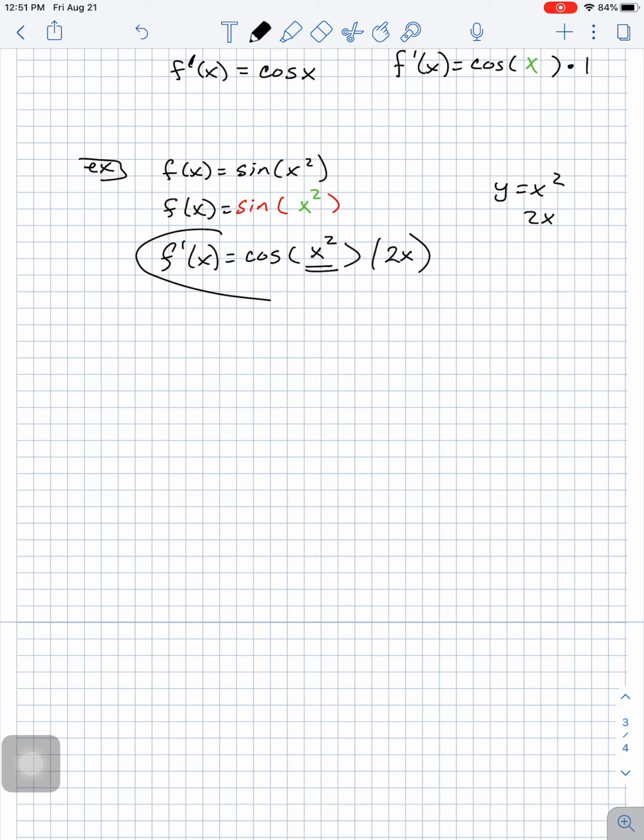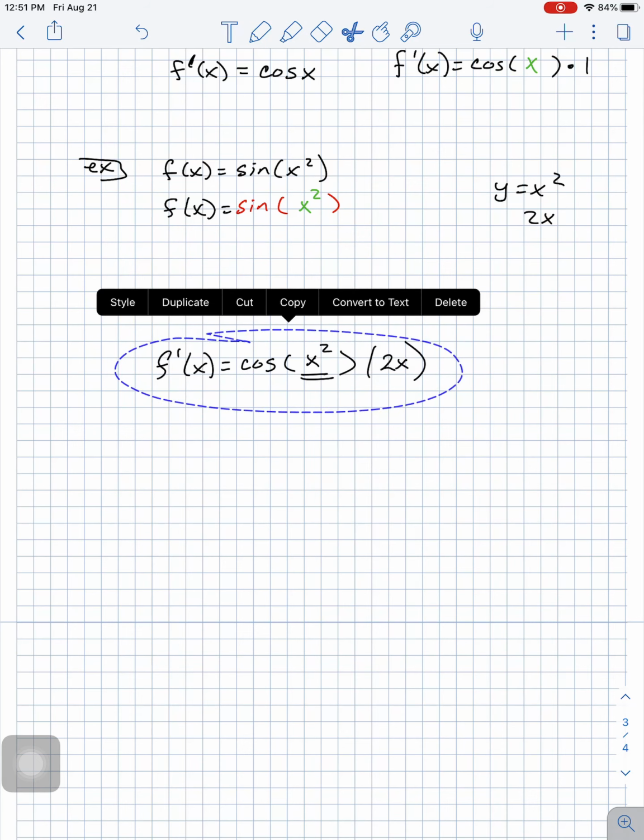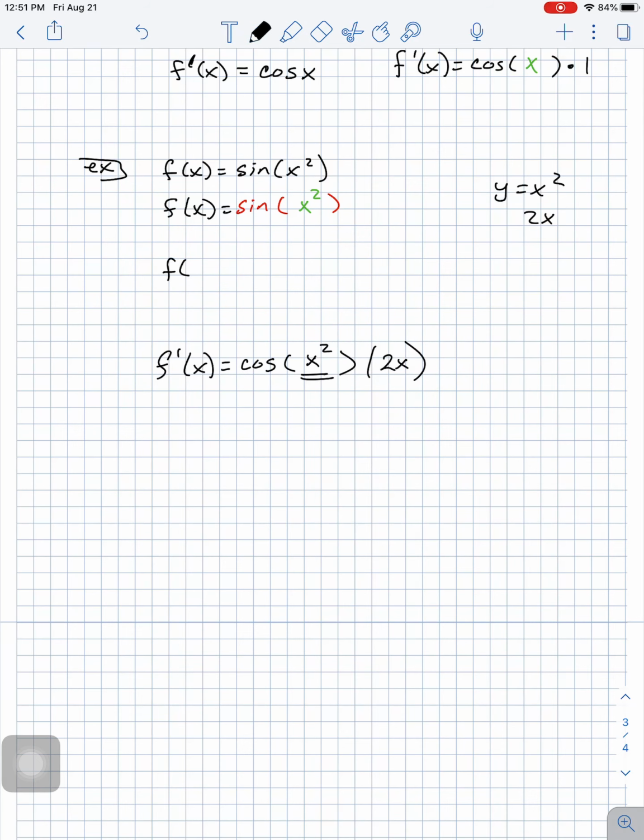They'll say, okay, it's going to be the derivative of the outside function evaluated at the inside function times the derivative of the inside function. And if that extra step is helpful, please do that. Then they take the derivative of that x squared and get their 2x. So that's how I'm going to set it up for a while until we get really comfortable with this.